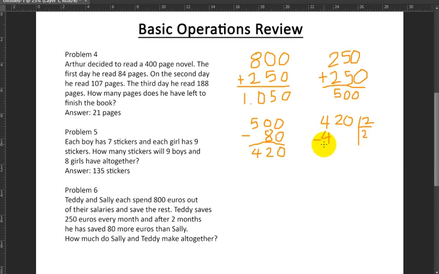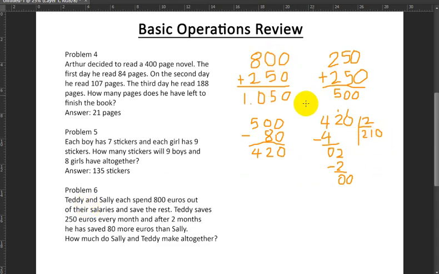And if you know that the half of 420 is 210, perfect. This would be a long way to do this, but it's not wrong. And then I'd pull down the zero. I'd pull down the zero and I'd say, how many times does 2 fit into 0? And the answer is 0. So she saves 210 euros per month.